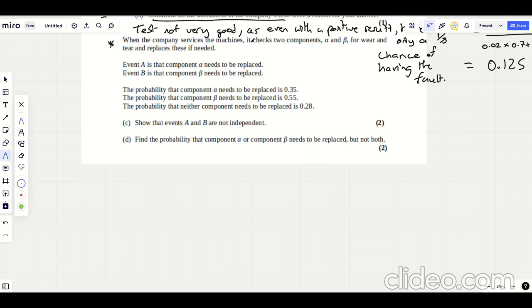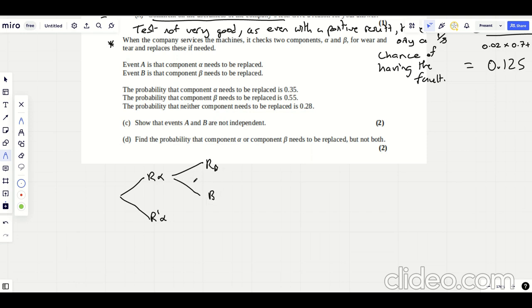Okay, when the company services the machines, it checks two components, alpha and beta, for wear and tear and replaces these if needed. Event A is that component alpha needs to be replaced. Event B is that component beta needs to be replaced. So I guess we've got replace alpha and then don't replace alpha and then replace beta. I like to think of things in terms of tree diagrams.